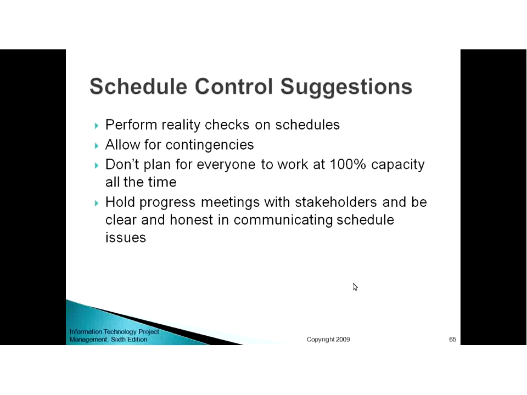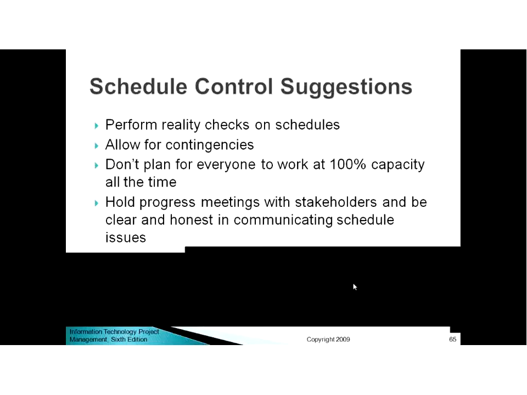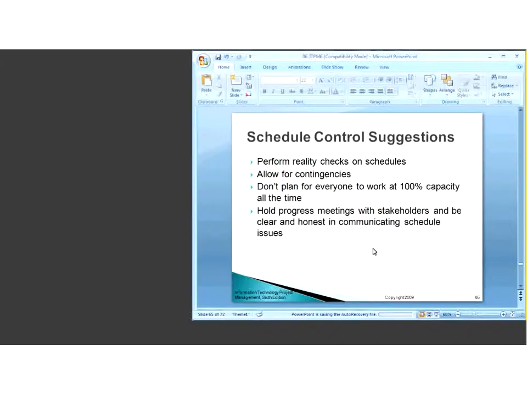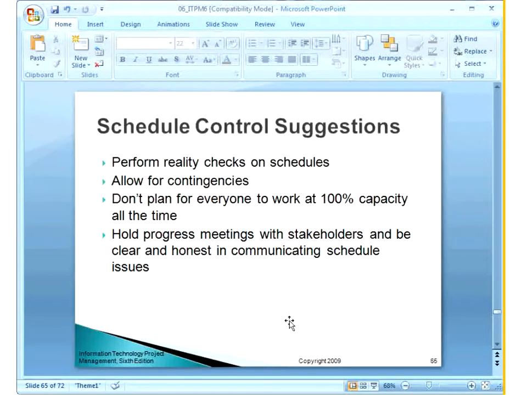And these are the suggestions for schedule control. When you are a project manager, you perform reality checks, you allow for contingencies, allow for emergencies. Don't plan for everyone to work at 100% capacity all the time. Sometimes one person will be working at 100% capacity, sometimes at 20% capacity. So allow them to work at different capacities. Don't expect them to work with 100% energy level all the time.